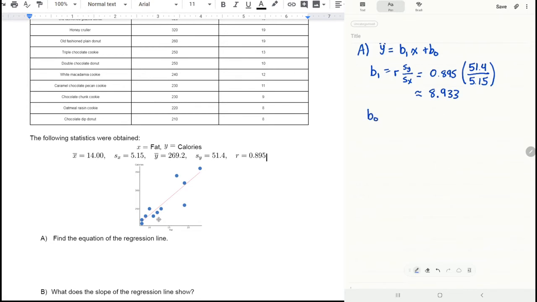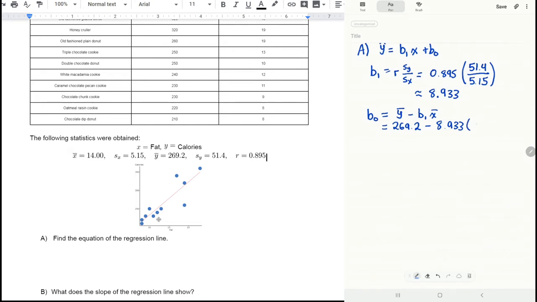And now we can use this to calculate the y-intercept. So the y-intercept is y bar minus b1 times x bar. So the average of y is 269.2. b1 was 8.933.